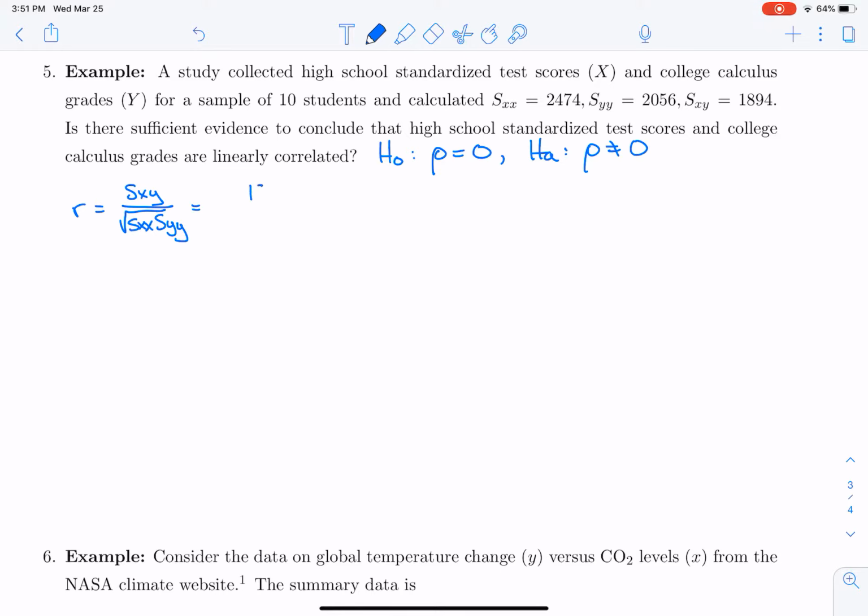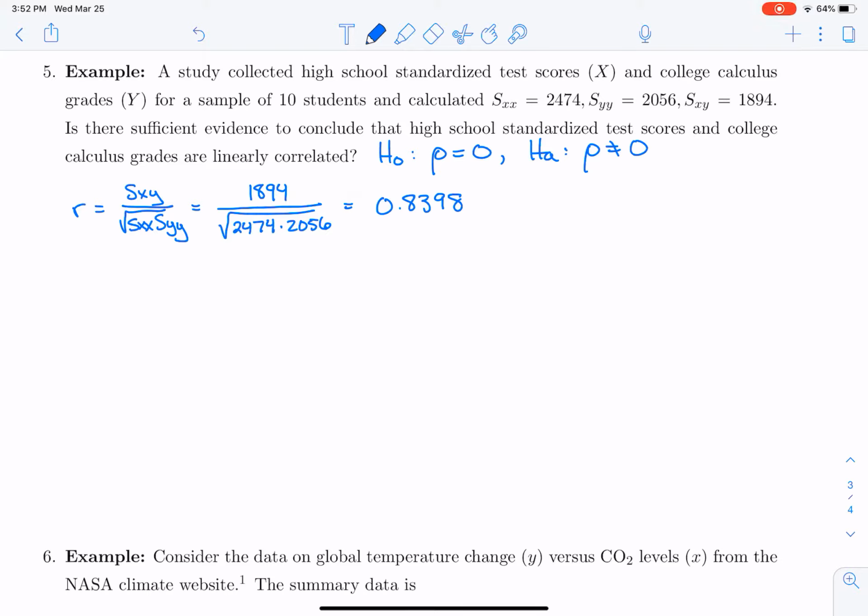That's going to be 1894, as given in the problem, over the square root of 2474 times 2056. And R ends up being 0.8398.